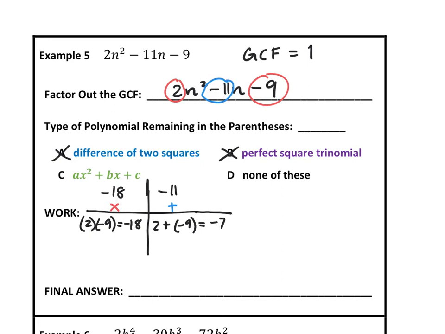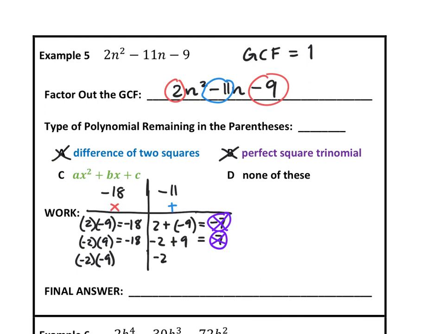Okay. What if I switch the positive and the negative? Negative 2 and positive 9 gives me negative 18. But negative 2 plus 9 is 7. Nope. Right? Because I don't want to get 7, I want to get 11. So those don't work. But then you might think, oh, what about negative 2 and negative 9?